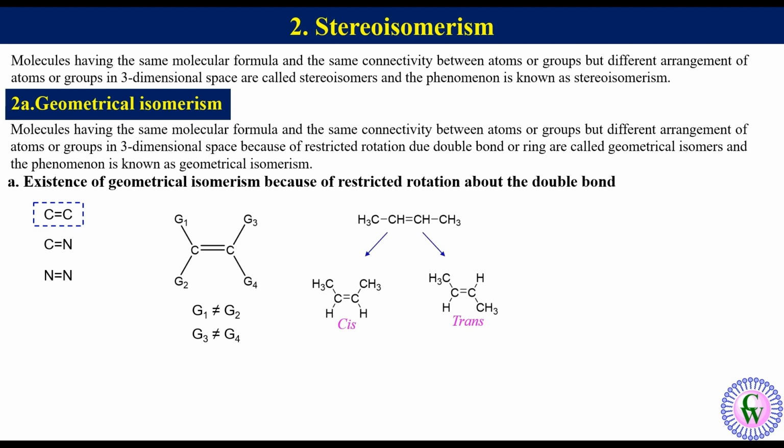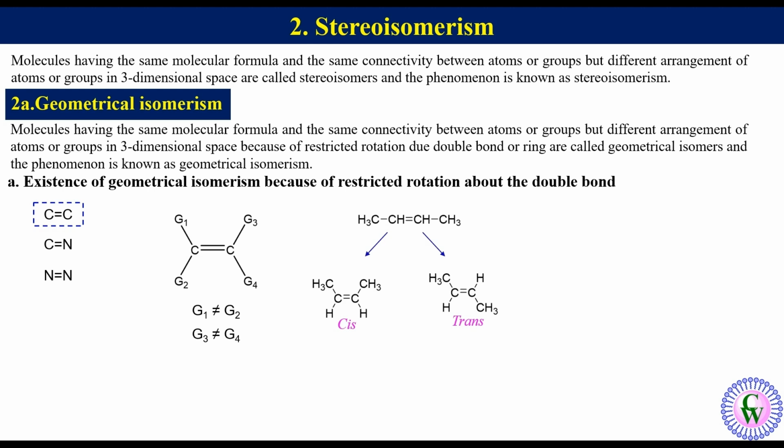Please note that the cis-trans nomenclature is applicable only when the two alkenic carbons have at least one common substituent. There is one more nomenclature which is universal for all alkenes called EZ nomenclature.